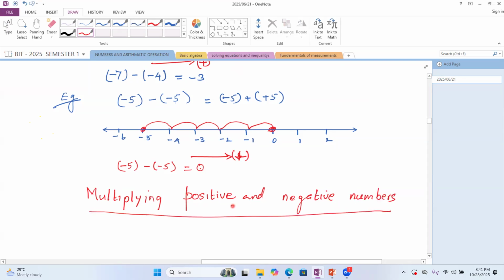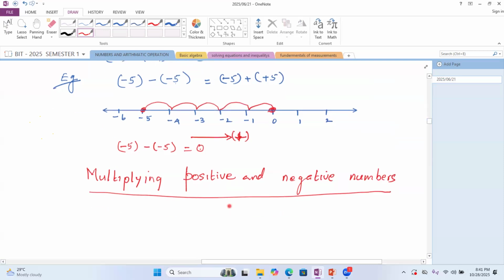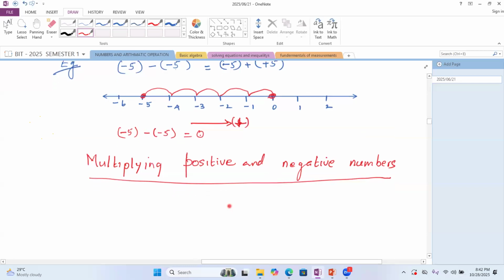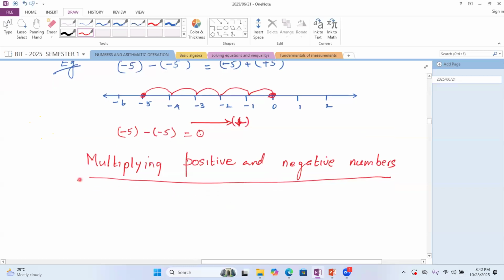First we follow the rule. So first we write the rule: how to multiply negative and positive numbers. There are 4 rules for multiplying positive and negative numbers.